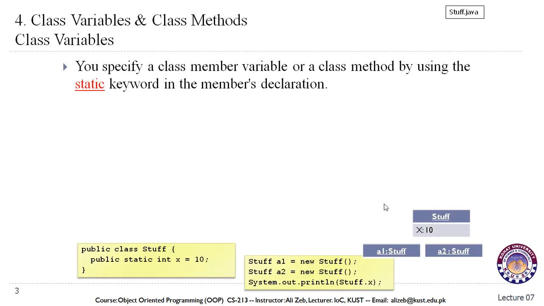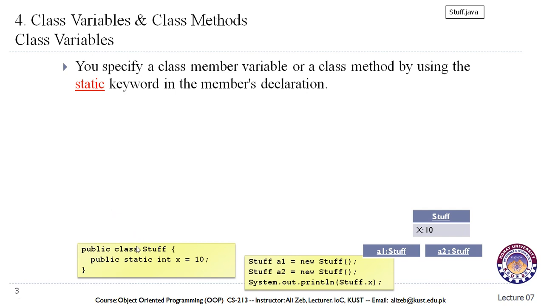If you want to specify a class variable or a class method, you do so by using the static keyword in the member's declaration. As you can see over here, a variable that is declared as static in a class is called a class variable, and the reason is that we can use this variable without creating an object for this class.